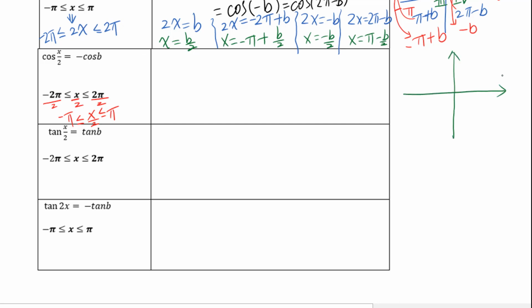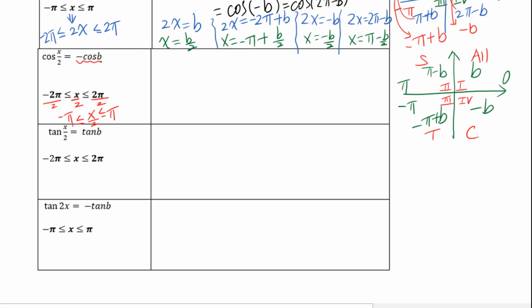So we have, this is 0, this is pi. You have b, pi minus b. Then from 0 to negative pi, opposite of pi minus b is negative pi plus b. Then opposite of b will be negative b. Then we go to first, second, third, and then the fourth quadrant. All students take calculus.